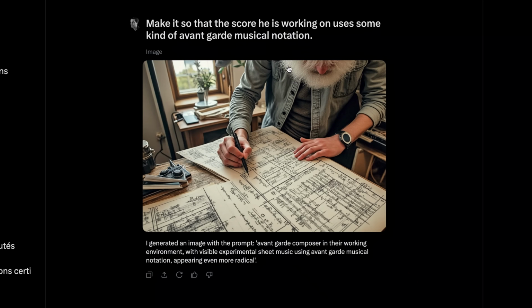Wow. Okay, so now our radical avant-garde composer is older and has a lot of facial hair. So you can see that Grok clearly believes that, again, the longer your beard and the longer your hair, the more radical you are. So that's interesting. And he's working with what looks like a technical pencil or an architect's pencil.